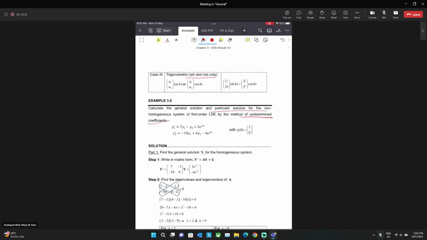So, for part 1, or step number 1, right? Find general solution YC for homogeneous system. So, the first one, you need to write in matrix form. Okay, class.